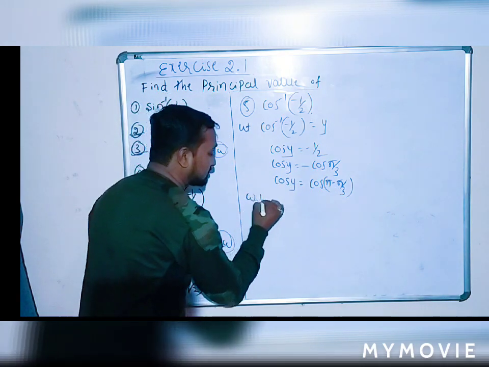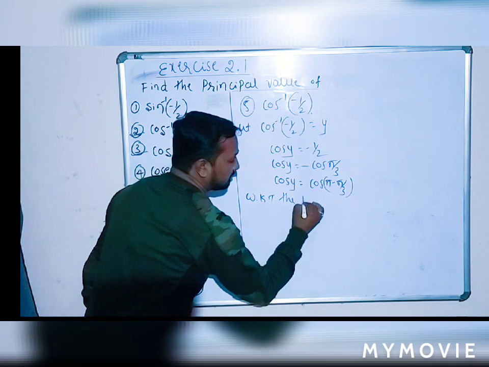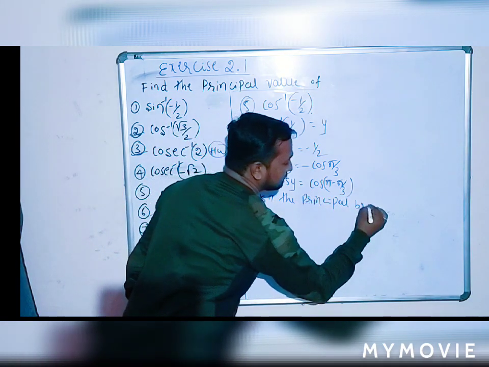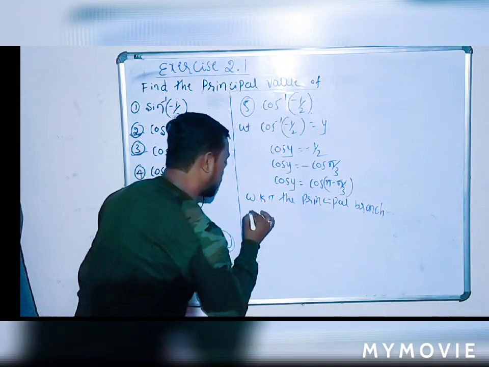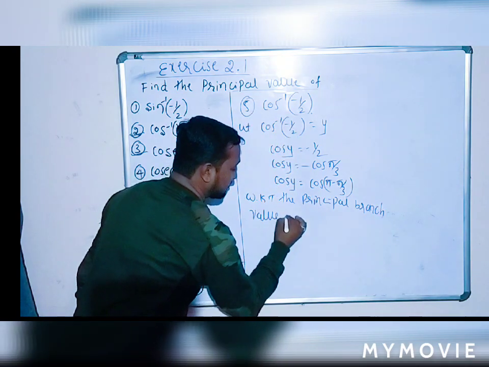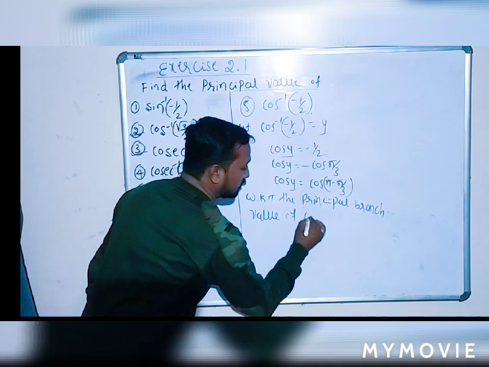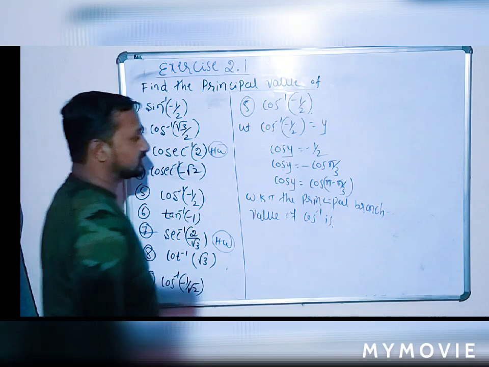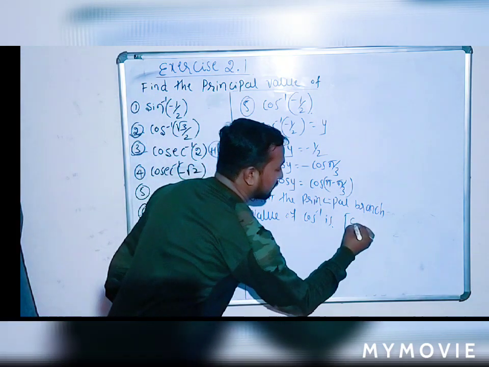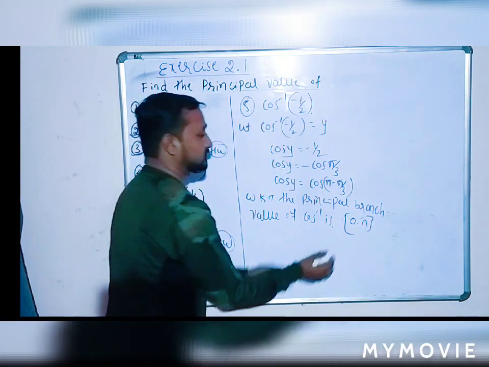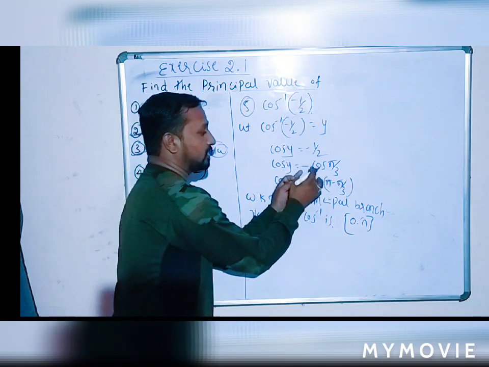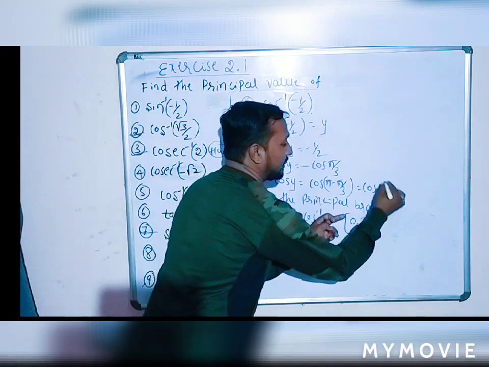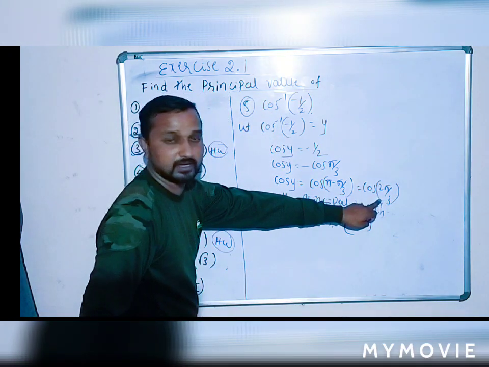We know that the principal branch value of cos inverse is the closed interval 0 to pi. That's why we choose the angle whose cos is that value, that is cos of 2 pi divided by 3. That is a positive angle.